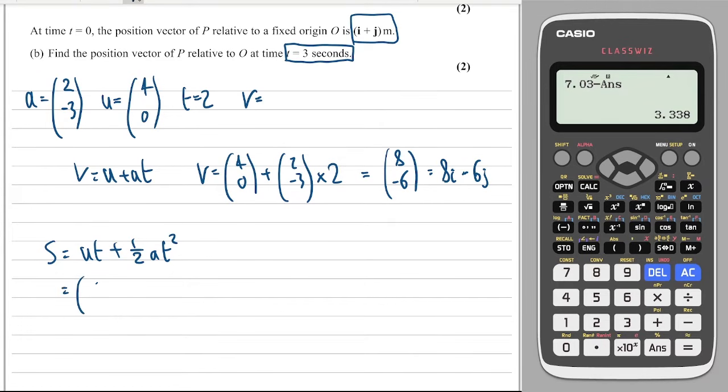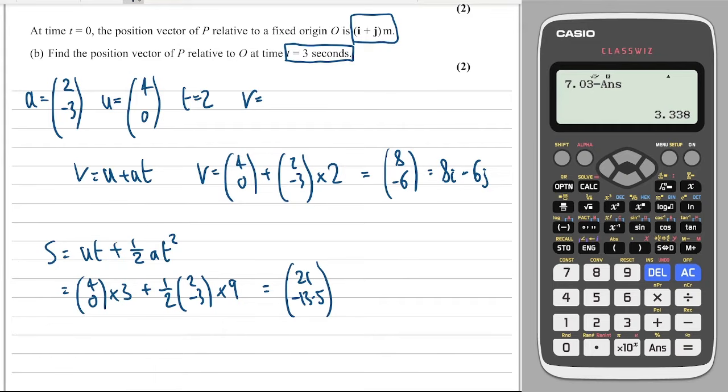So u is (4, 0) and t is 3, plus a half of a, which is (2, -3), and t is 3, so times that by 9 because it's t squared. Reading across, 12 plus 9 is 21. 0 plus half of negative 27 is minus 13.5.